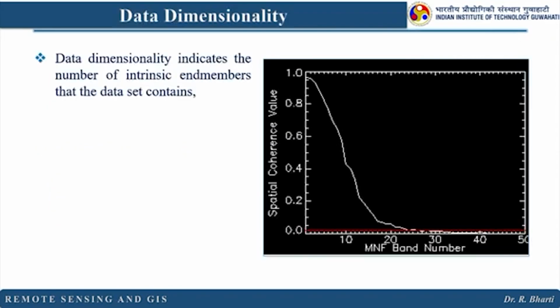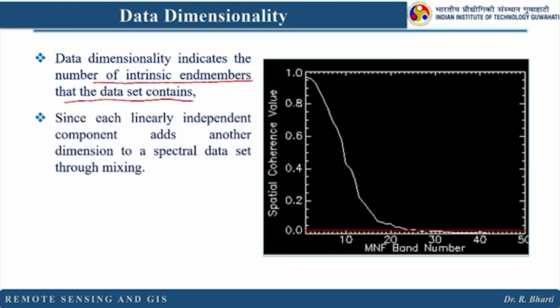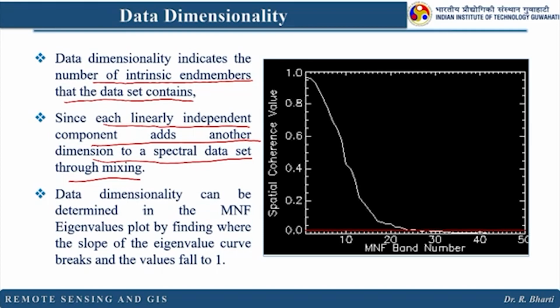So, how do we exactly do this? Data dimensionality indicates the number of intrinsic end members that the data set contains, right. Since each linearly independent component adds another dimension to a spectral data set through mixing, the data dimensionality can be determined in the MNF eigenvalue plot by finding where the slope of the eigenvalue curve breaks and the values fall to 1.